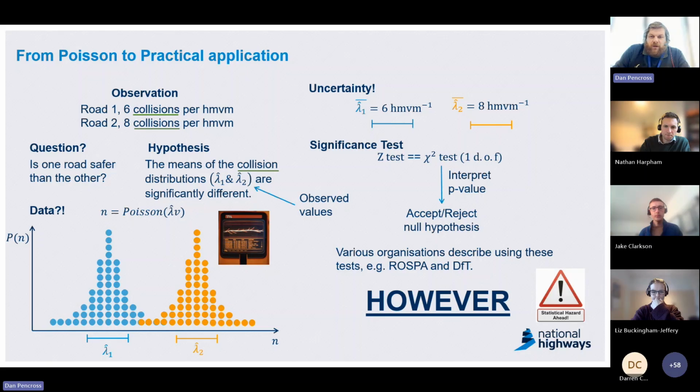So we're representing many parallel years' worth of collision data here. Once we've got this, we can then compute our confidence intervals for both lambda 1 and lambda 2, and that gives us our measure of uncertainty. The means of our collision distributions are this 6 and 8 as we fed in originally. With that and the confidence intervals, we can then perform our significance tests.